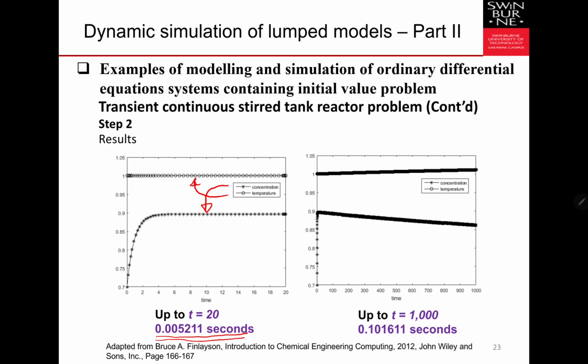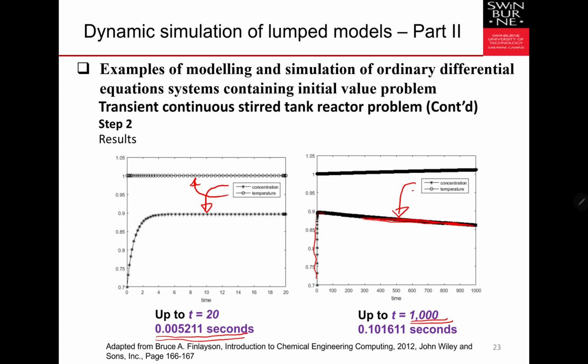Then we want to see what actually happens, so we run it up to 1000 in here. As you can see in here, the concentration that we think is already steady is actually decreasing now. We see that there is a linearly decreasing part in the sections in here.